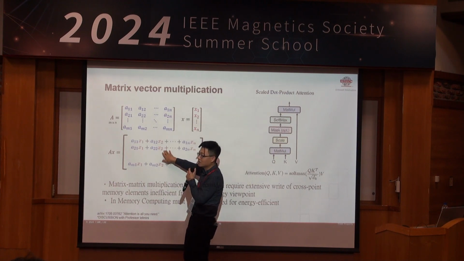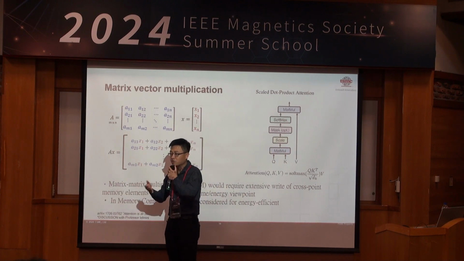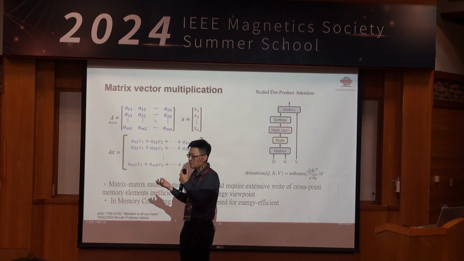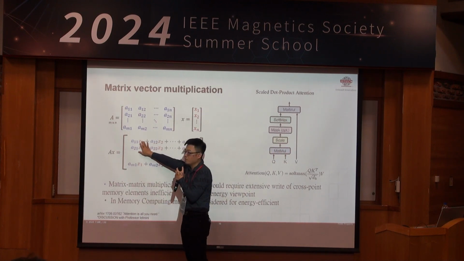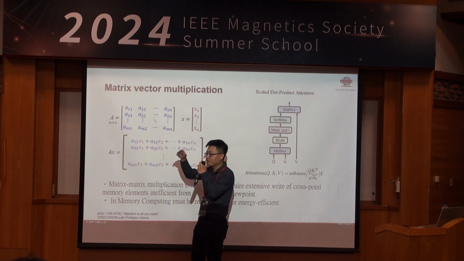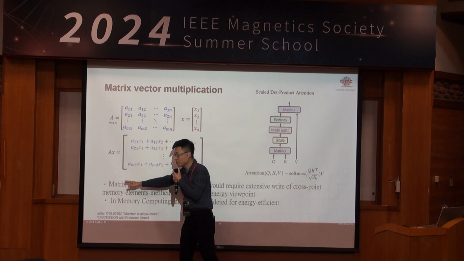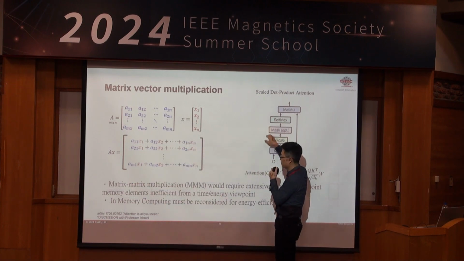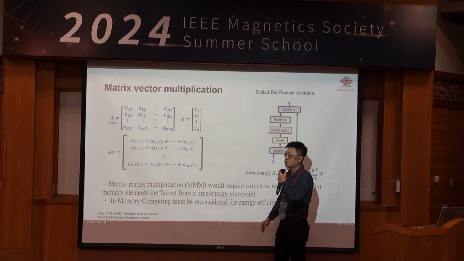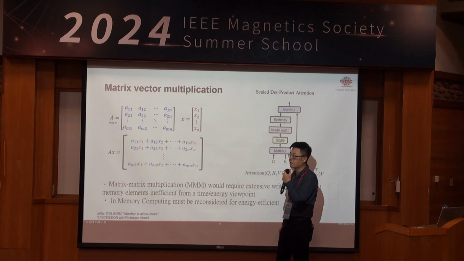So the purpose of this device is that we don't need to know the result. We can just put the input into this array and do the computation on it, and the outcome is the computing result for the MVM. That's the difference between this structure and the 1T1R.